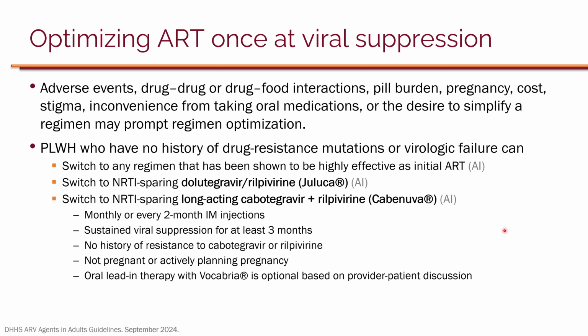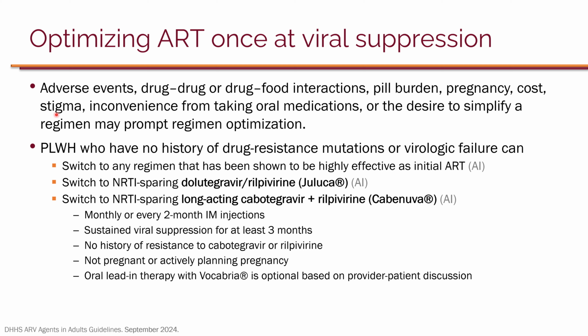Now, those were recommendations for initial therapy. Once somebody's started on a regimen and the viral load is undetectable, there may be opportunities to optimize ART based on adverse effects, drug-drug and drug-food interactions, number of pills, whether the patient is getting pregnant, cost, and stigma.